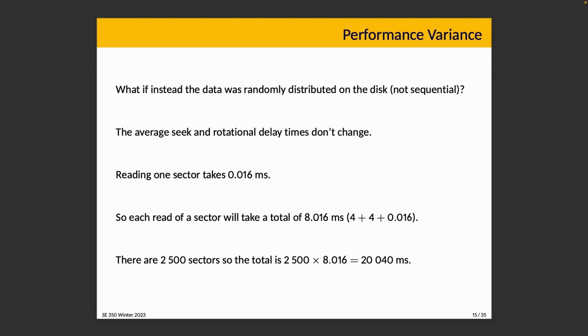So each read of a sector will take 8.016, sorry, and there's 2,500 of them. So 4 plus 4 plus 0.016. So if there are 2,500 sectors times 8.016 milliseconds to read one random sector somewhere on disk, we end up with a total time of 20,040 milliseconds, or 20 full seconds, as we would say in human time.